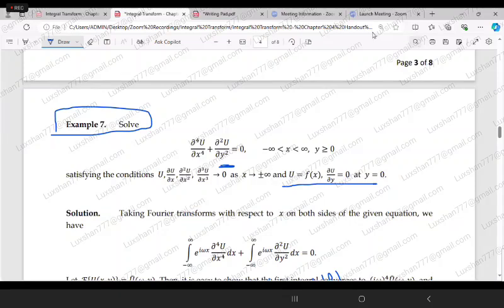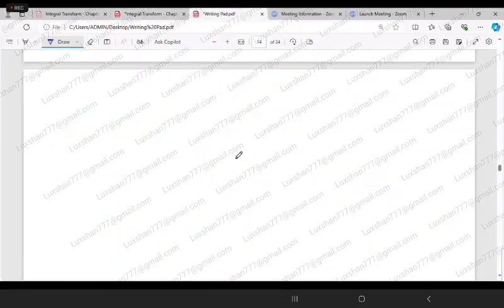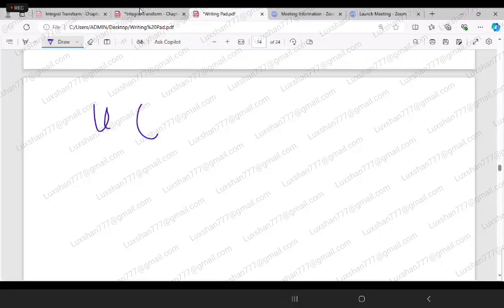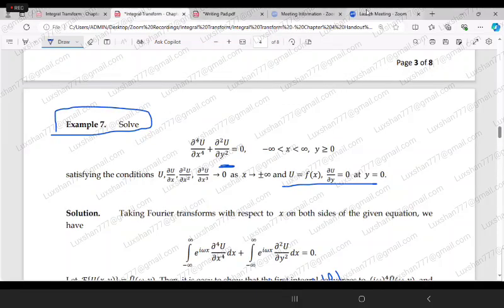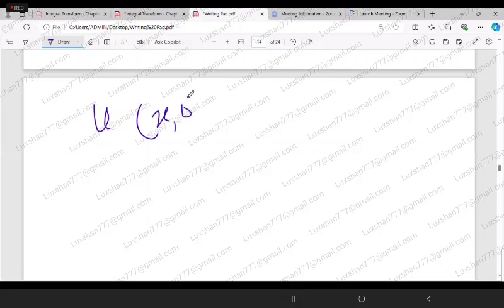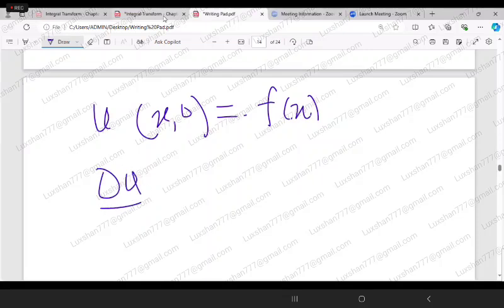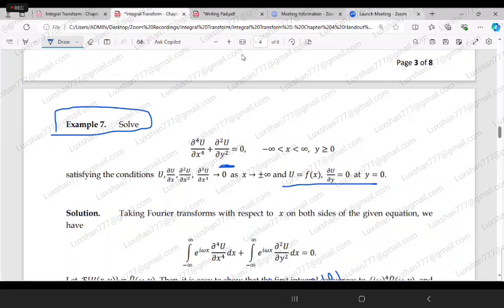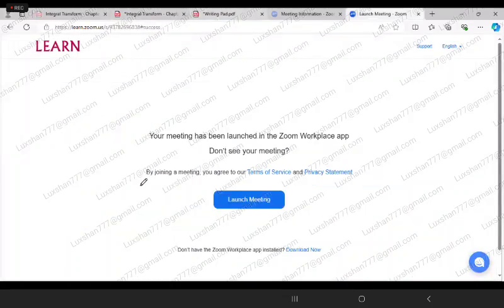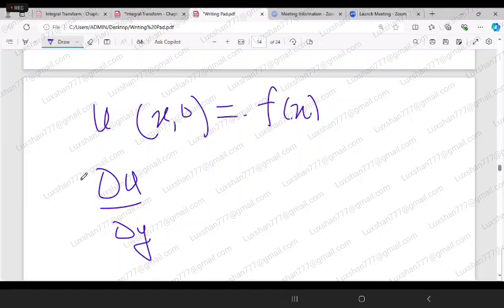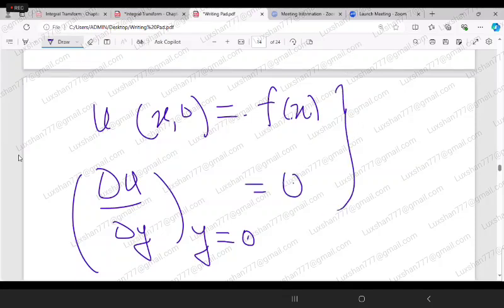Therefore, we want to convert them. The initial conditions are u(x, 0) equals f(x), and the second one, du/dy when y equals 0, equals 0. We have these two initial conditions.